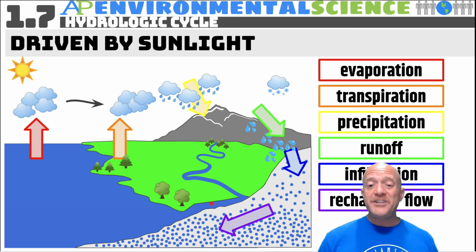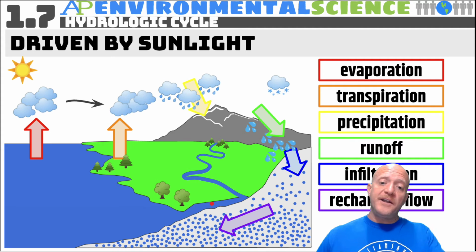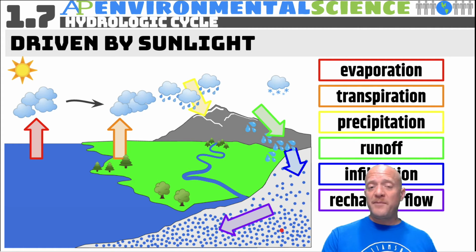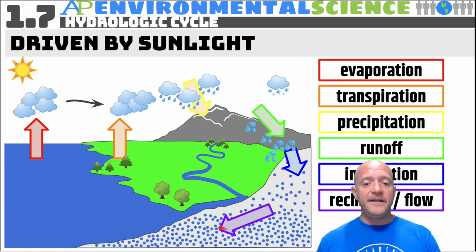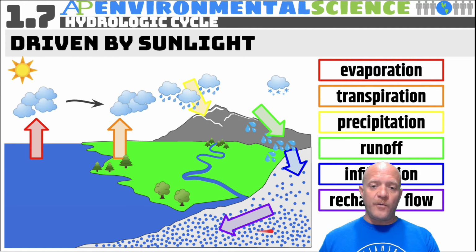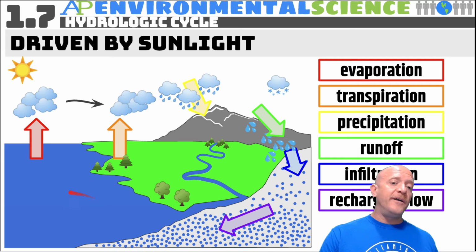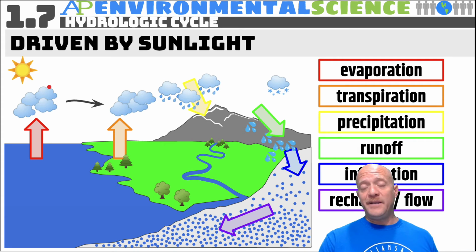Okay, so you recharge the aquifer, but also you can cause this water to flow, because remember, water is going to go to lower elevation. So it's going to go to the lowest point where it will settle. The water in the aquifers can eventually make its way to a lake, to a river, eventually to the ocean, where it will evaporate and begin the cycle all over again.